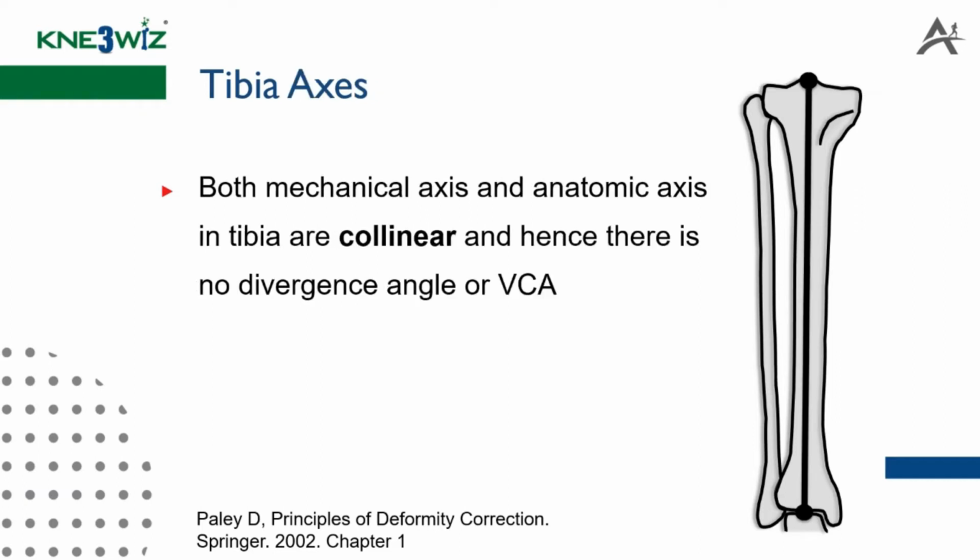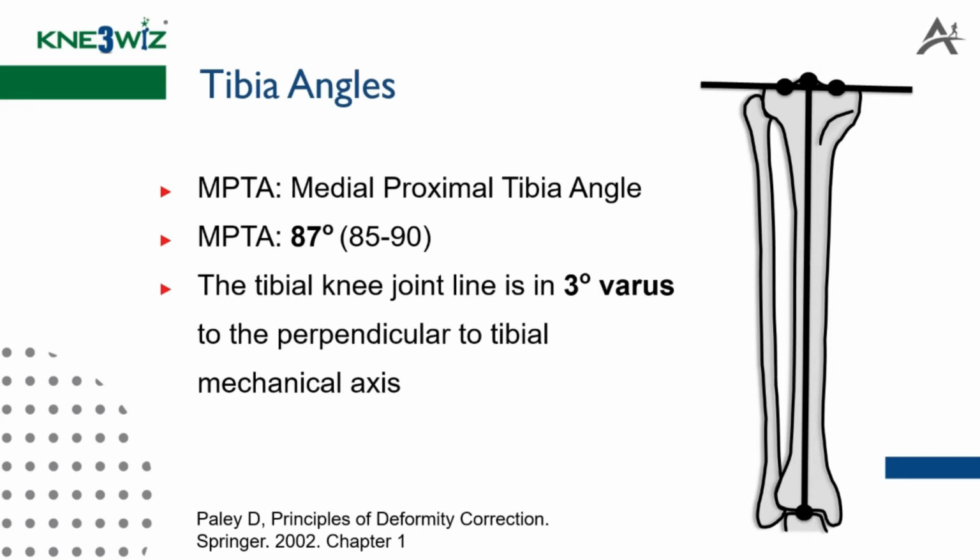The mechanical and the anatomic axis of tibia are collinear, and hence there is no divergence angle for tibia. The angle used for measurement between the mechanical axis of the tibia and the knee joint line is the medial one, and hence is called the medial proximal tibial angle.